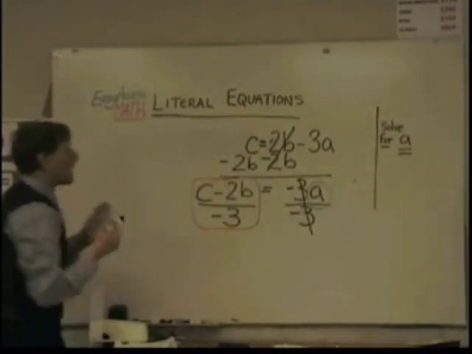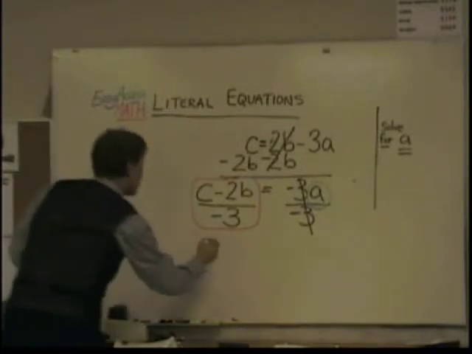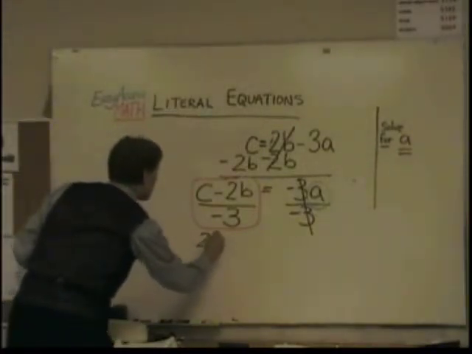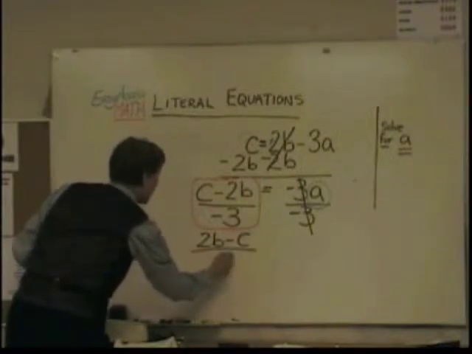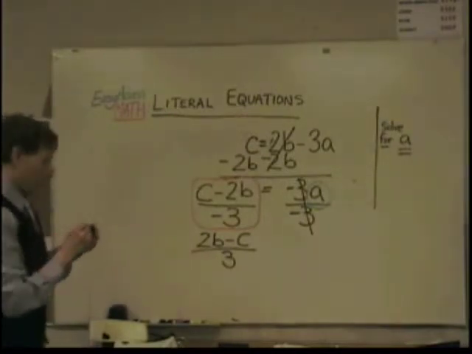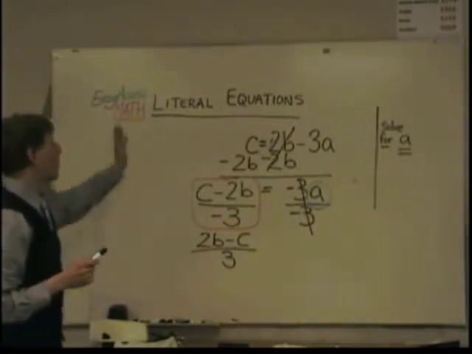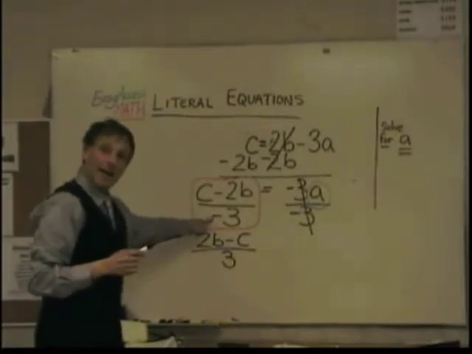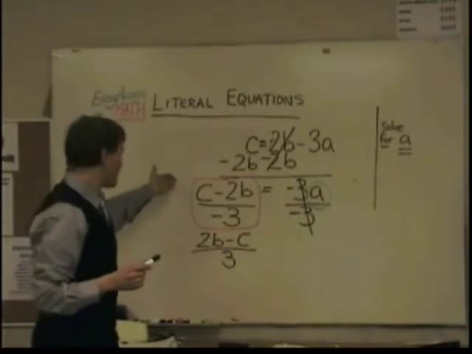Or the same thing, if I divide, it would be 2b minus c over 3. That actually says the same thing, because when I divide by a negative, remember, the signs change.